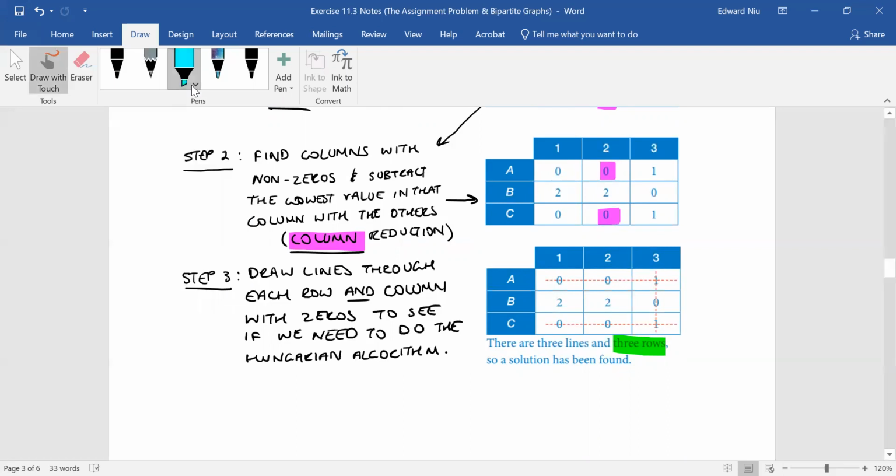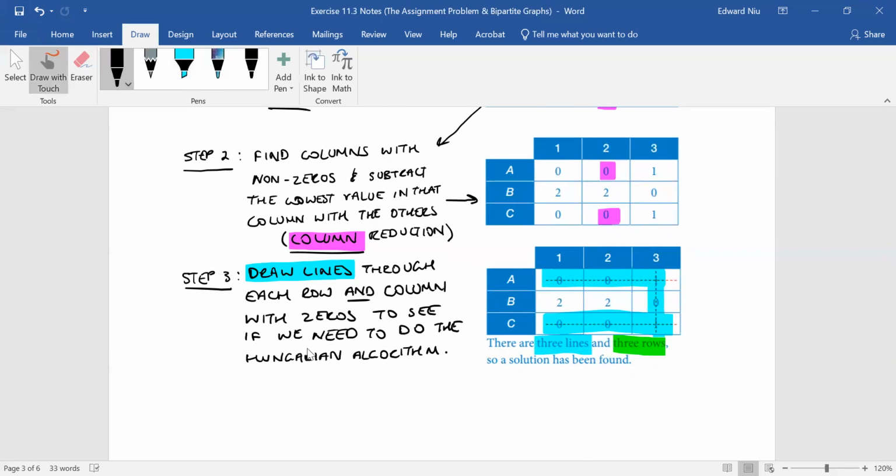All right, so we've got 3 lines. So draw lines through the zeros. Okay, we've drawn lines through all the zeros. We've got a 0 in column 3 as well. And if the number of lines that we draw match the number of rows, okay, we have a solution.